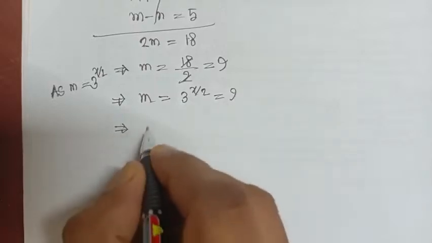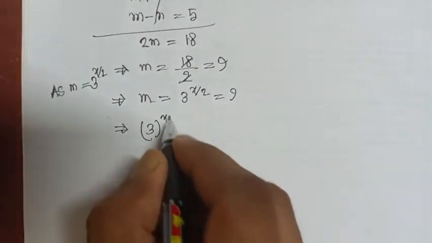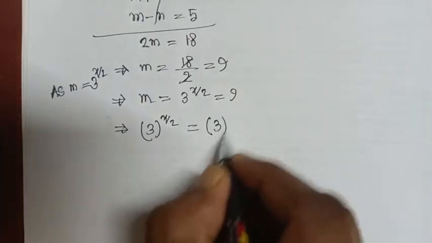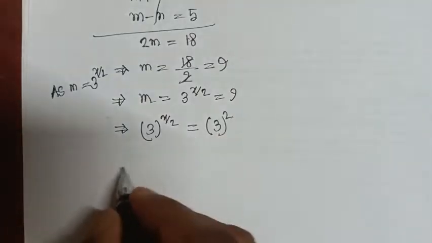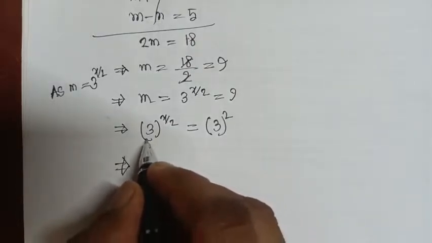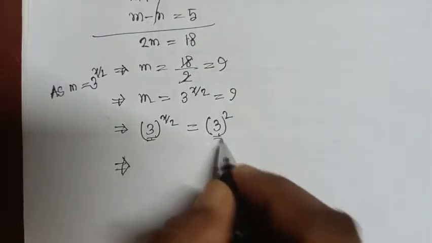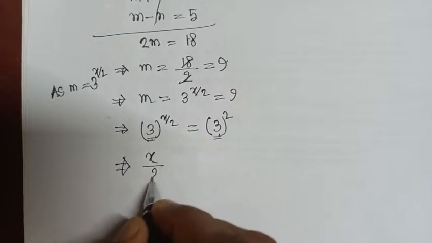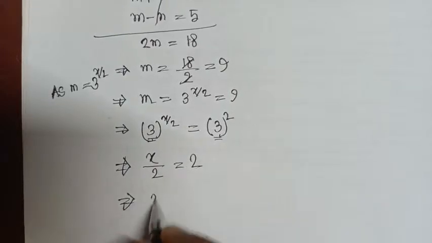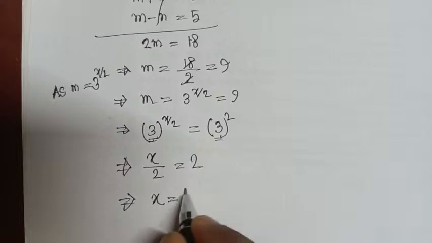Therefore 3 to the power x by 2 equals 9, and we can write 9 as 3 to the power 2, or 3 squared. Now both sides have the same base 3, so we can write x by 2 equals 2. Therefore x is equal to 4.